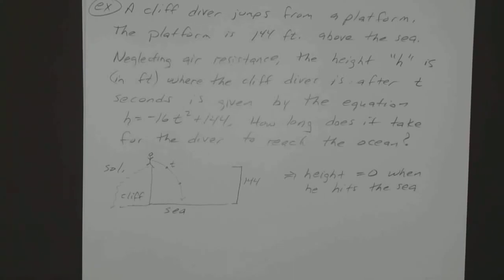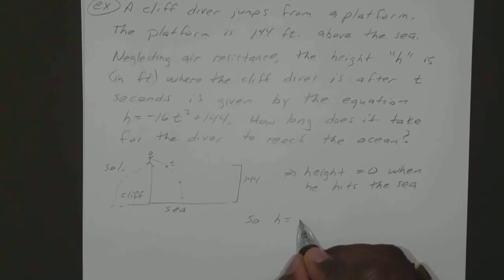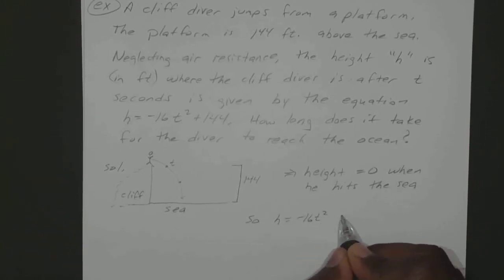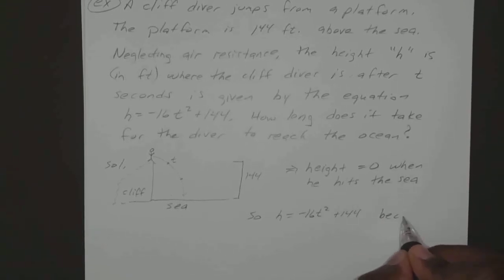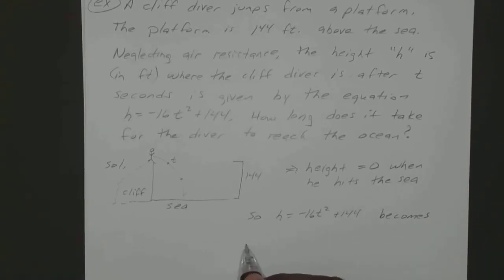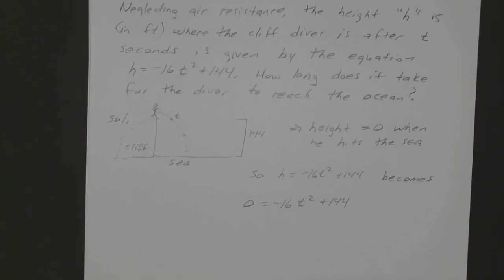When he actually dives into the water, he's at height equals 0. So h equals negative 16t squared plus 144 becomes 0 equals negative 16t squared plus 144. Now we just solve for t, because that tells us exactly what the time is when he hits the water.